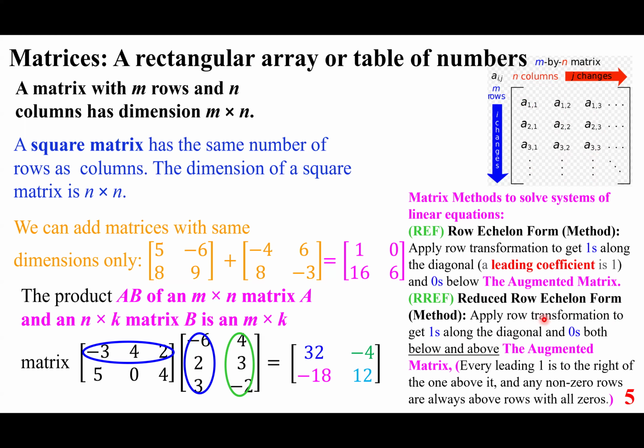In which case, the last column is the solution. So every leading one is to the right of the one above it. And any non-zero rows are always above rows with all zeros. So that's the definition of row echelon form and reduced row echelon form.